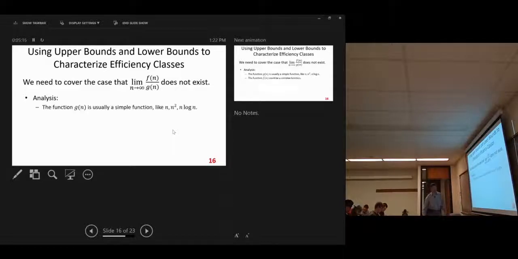Analysis. Usually, when we compare two growth functions, we like to choose the g function as a relatively simple function, like n squared or n log n. f of n could usually be a complex function. That's the way we do real-world analysis.